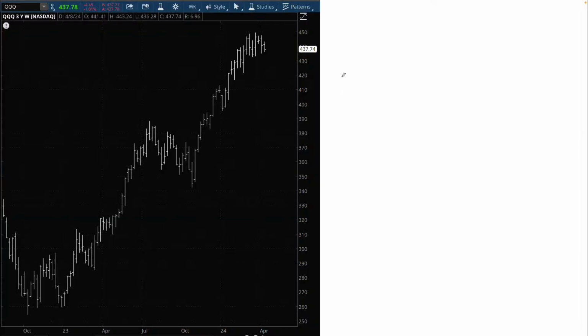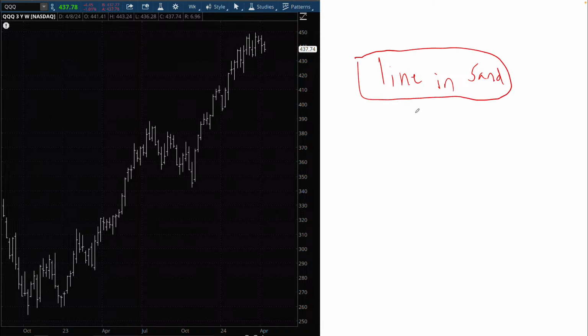How do we know when risk is elevated? Well, last week we talked about our key line in the sand. And the line in the sand is one number. When the market's underneath that number, we're bearish price, but we're bullish volatility.